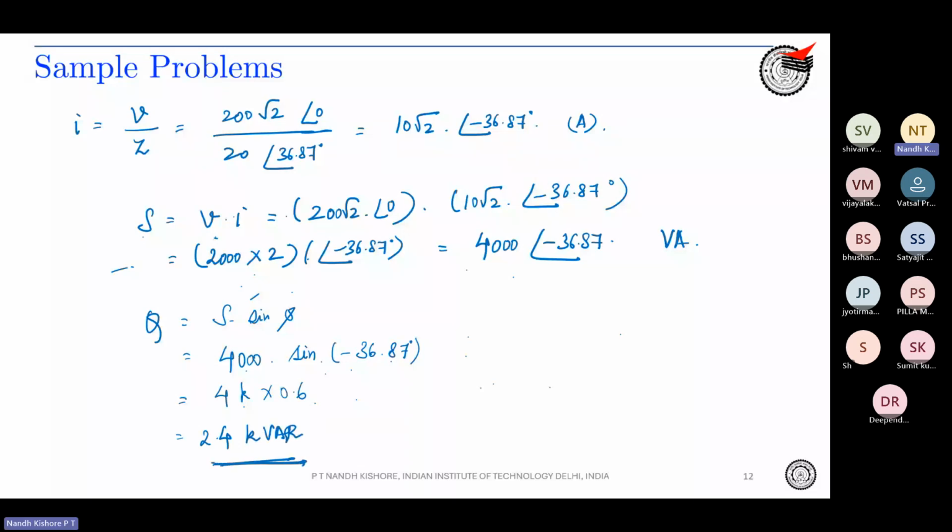I think if you do it in rectangular form, it will be a little more tedious. So better you convert it to polar form. Okay, I think this was easy. Multiplication and division are always easy in polar form, as you would know.